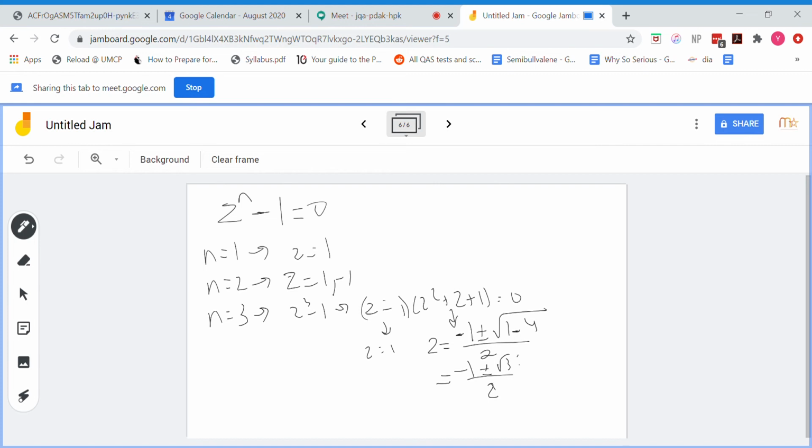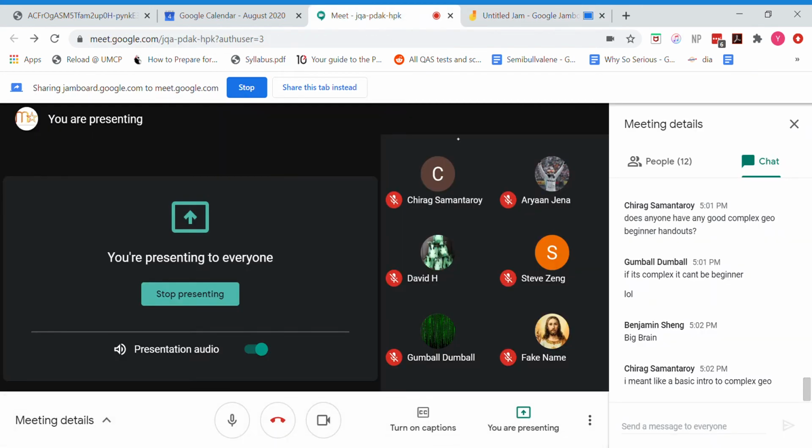So these are the three solutions for n equals 3. Z equals 1, and z equals negative 1 plus or minus root 3i over 2. And then n equals 4. We can factorize, and we'll get z equals plus or minus 1 and plus or minus i. Alright?